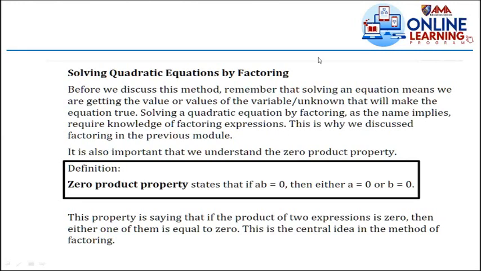So we have your definition. Zero product property states that if AB is equal to 0, then either A is equal to 0 or B is equal to 0. This property is saying that if the product of two expressions is 0, then either one of them is equal to 0. This is the central idea in the method of factoring.